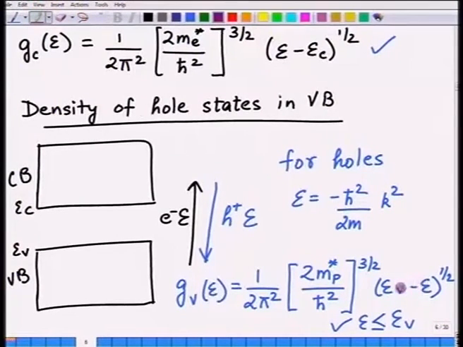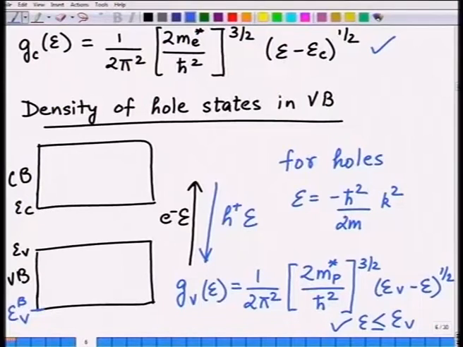Except now I'm writing EV minus E, because the density of states here will be 0 at E equal to EV, which is what I have done. As we go deeper and lower in energy, towards EV bottom, the lower energy, what will happen as we move from EV to EV bottom?